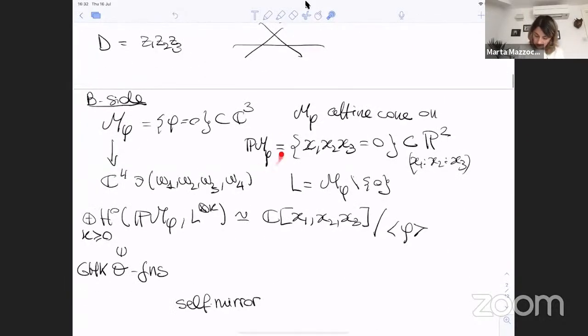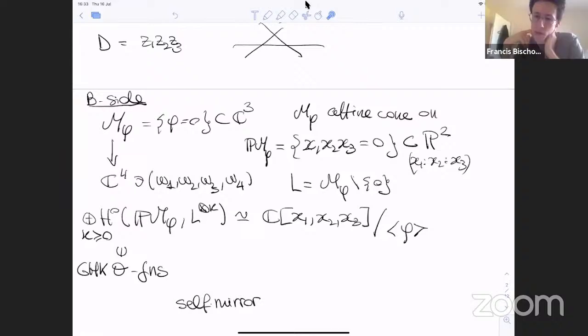So this is precisely the P2 curve which comes from that divisor. It's the boundary of M phi. Yes, if you want to think of it that way, intuitively speaking, yes.